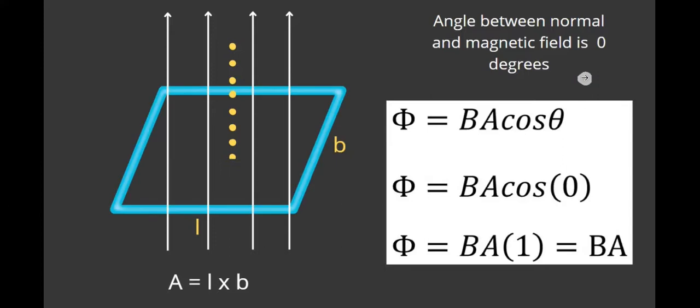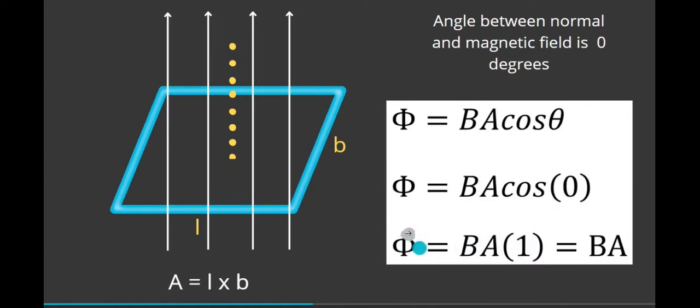So we do the same dance that we did before. We say BA cos theta. In this case, you know that the angle between the normal and the magnetic field is 0. So you substitute that 0 in place of theta. If you put cos of 0 in your calculator, or maybe you know it, the cos of 0 is just 1.